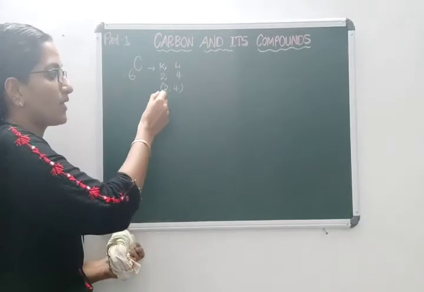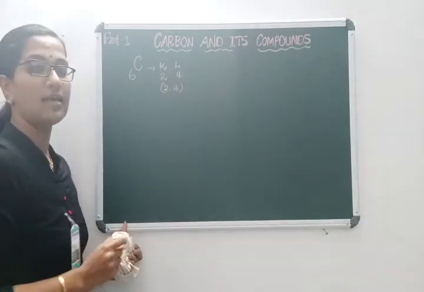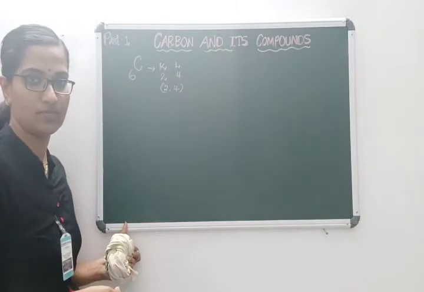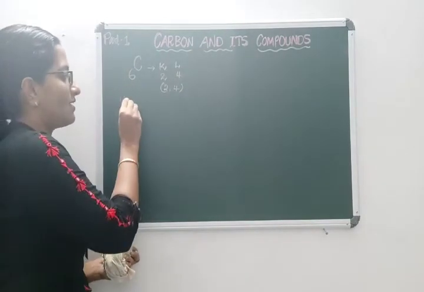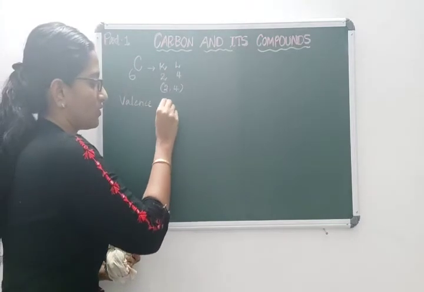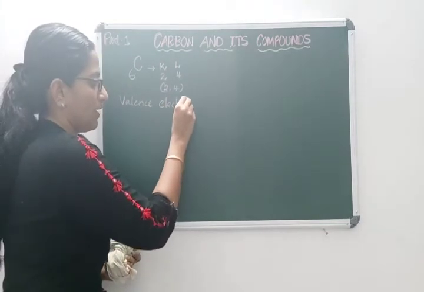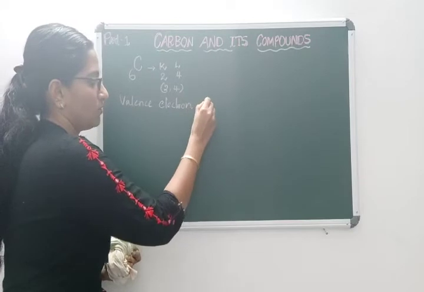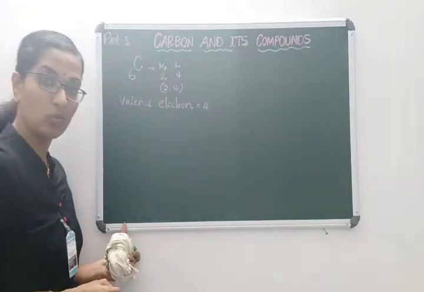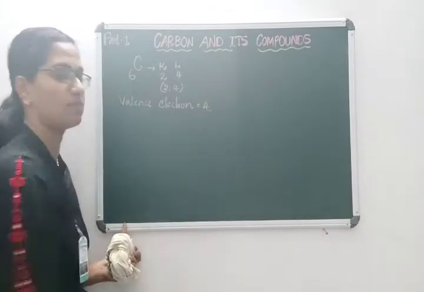When you look at the electronic configuration, can you say what the valency and valence electrons are? The valence electrons are equal to 4, and the valency is also 4.